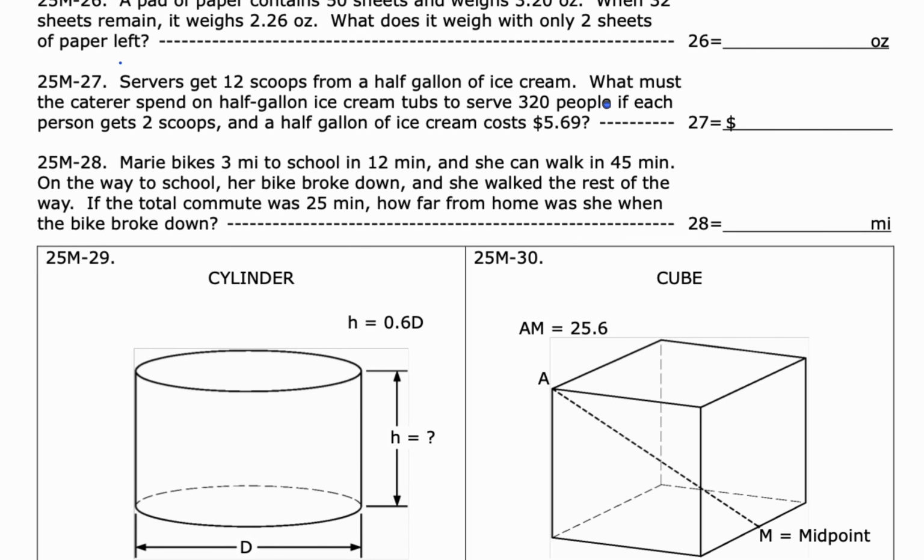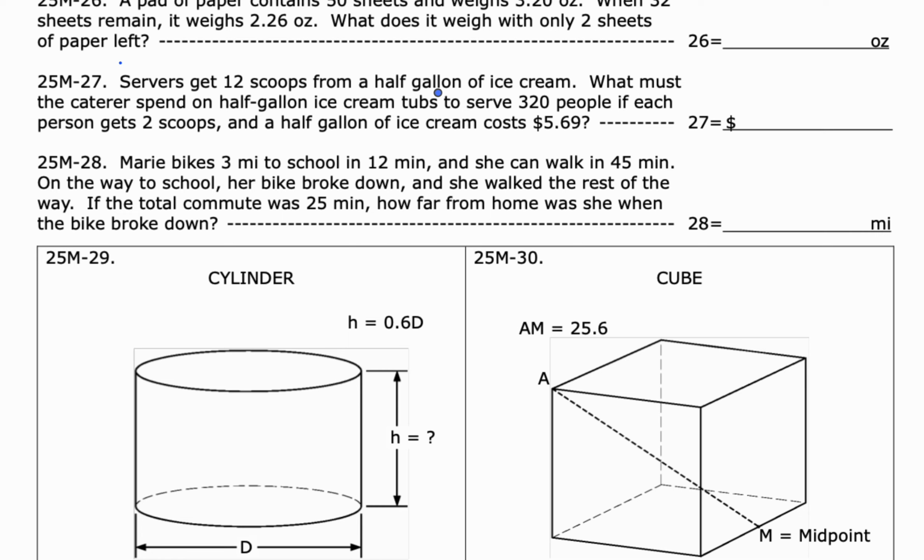So the important thing to note here is that whenever we're buying items, we're going to have to round up or sometimes round down depending on the question, because we can't buy fractions of an item. So let's see how many scoops 320 people are going to need. Well, that's 640 scoops because each gets 2. Now we divide that by 12 to find out how many half gallons we're going to need.